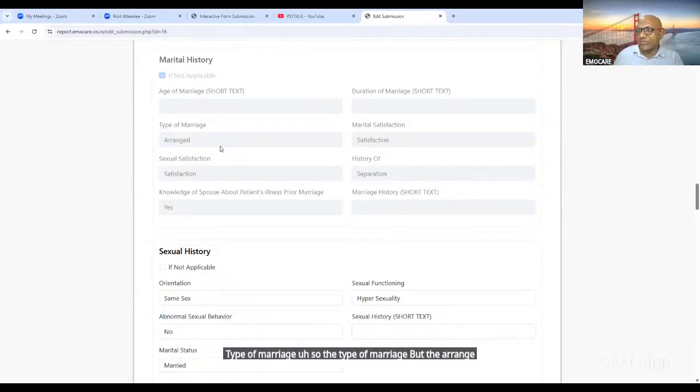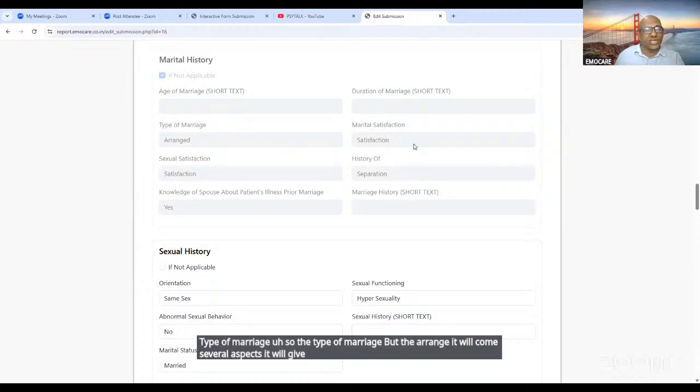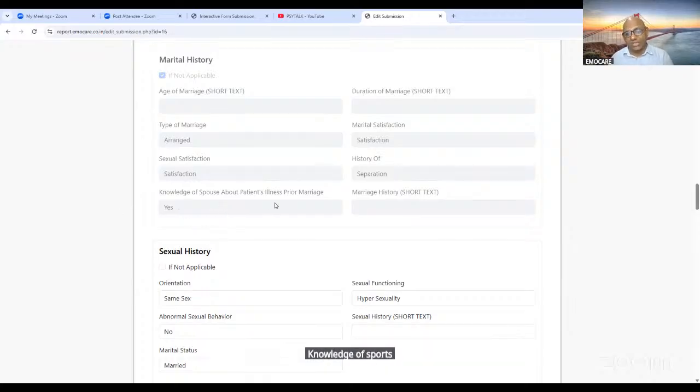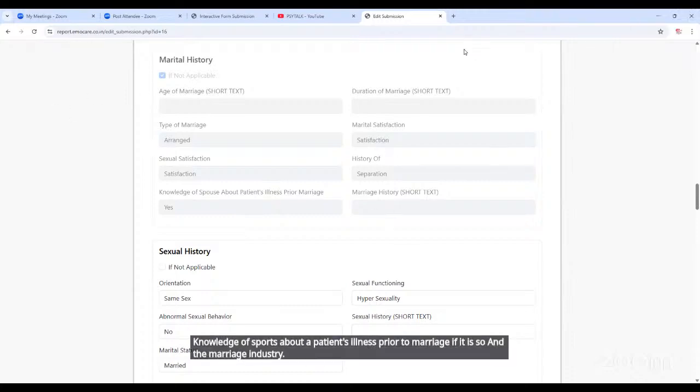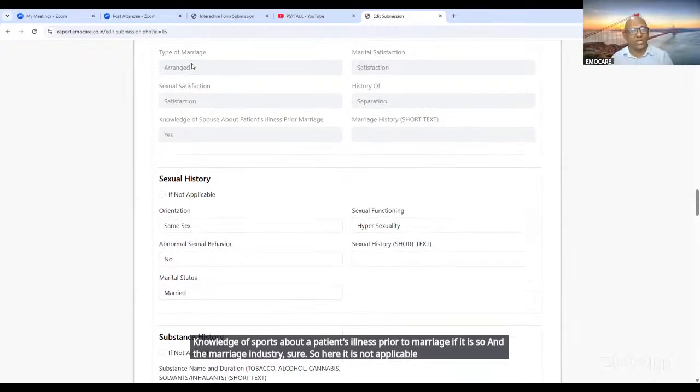It will give marital satisfaction, sexual satisfaction, history of the marriage, knowledge of spouse about the patient's illness prior to marriage, if it is so, and marriage history short. So here it is not applicable. So I am writing marital history.